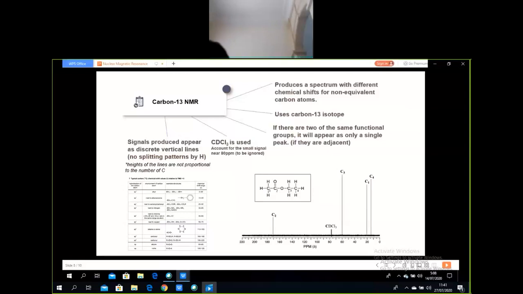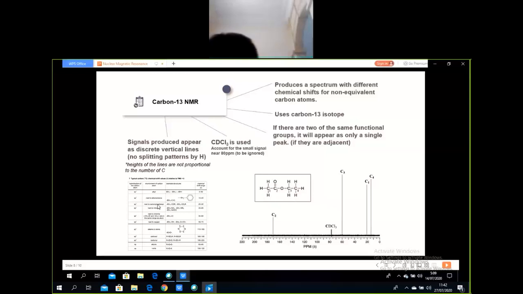The carbon 13 NMR produces a spectrum with different chemical shifts for non-equivalent carbon atoms in a molecule. The typical carbon 13 NMR shifts are shown in the data booklet. Also, we have to measure based on the reference of TMS.